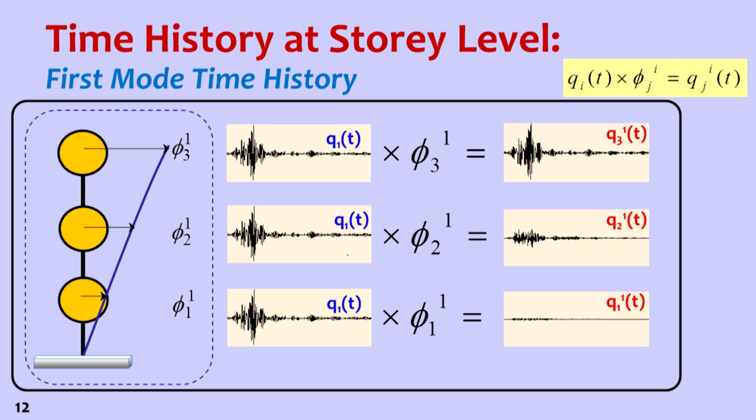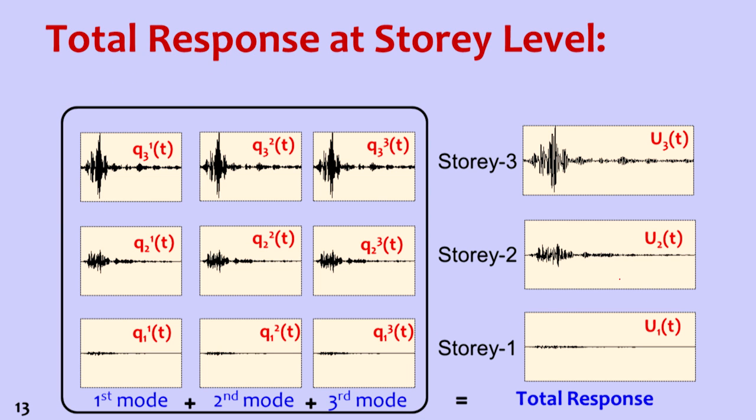Now, what we get is this. For the first mode, you can see this one: Q1 of 3, Q3 of 1, Q2 of 1, Q1 of 1, and then we get this. Story 1 U1, story 2 U2, story 3 U3.